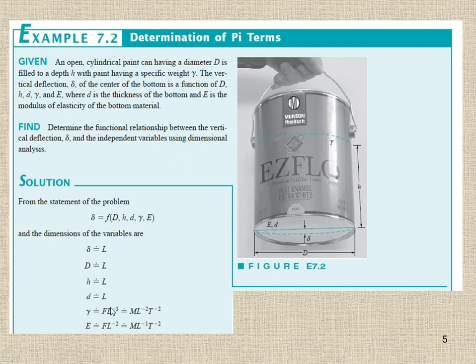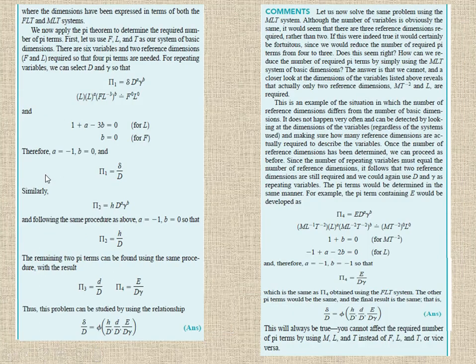This is the unit in the FLT system, and this is the unit in the MLT system. First of all, we are going to solve this problem using the FLT system. So first we are going to follow this part, then we will come to this part. Here the dimensions have been expressed in terms of both the FLT and MLT systems.